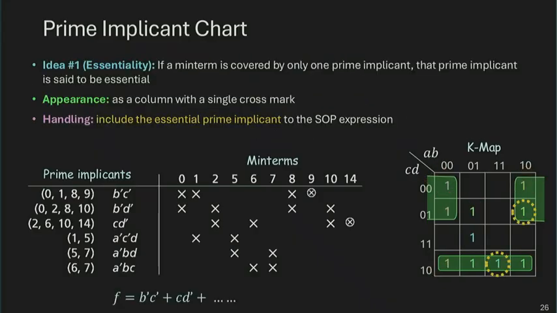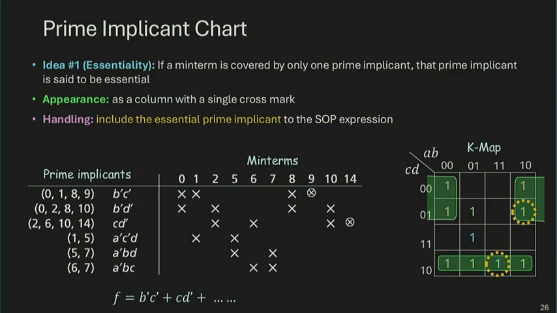So essentiality is saying that if a minterm is only covered by one prime implicant, we must include that prime implicant in the final representation. And in this table, it will show up as a column with only a single cross mark. That means that minterm is only covered by a single implicant.